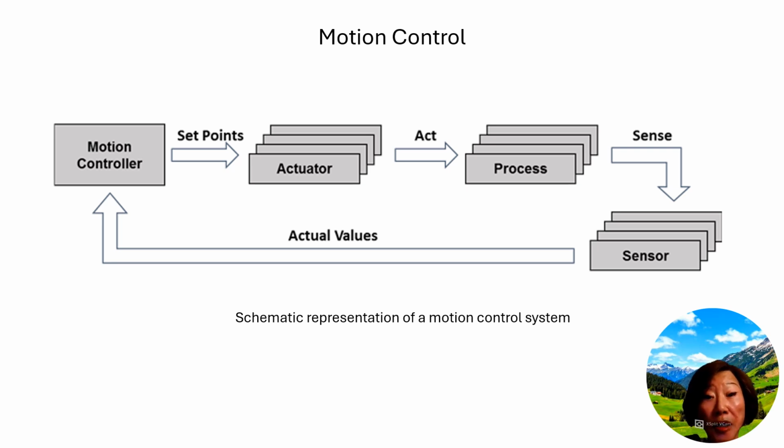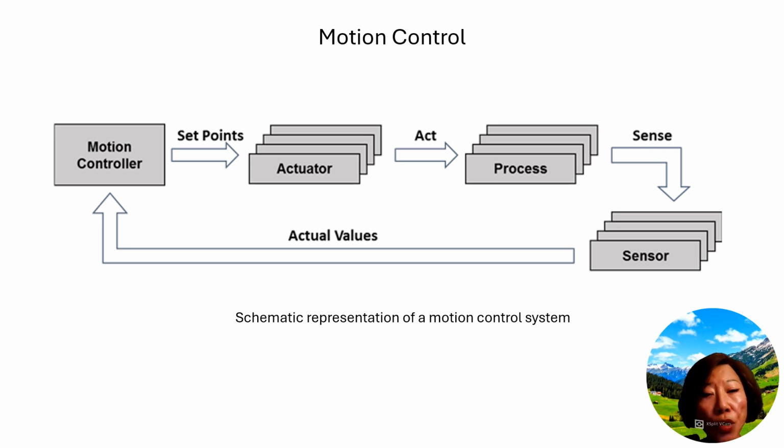Simultaneously, sensors measure the current state of these processes, such as the position or rotation of components, and relay this data back to the motion controller. This exchange occurs in a strictly cyclic and deterministic manner. Cyclic would be the right word that I wanted to say.